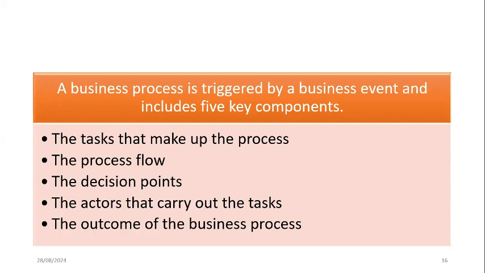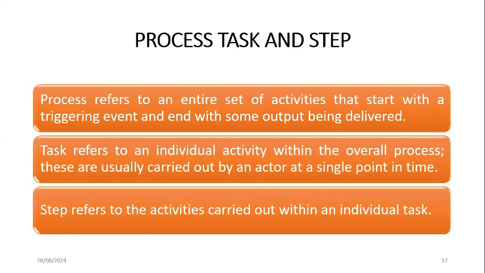Using your bank as an example, you are an actor, whether you like it or not, because you are carrying out some specific task on your banking app. You view the statement, you make the payment, whether you like it or not, you are an actor. The outcome, of course, for every process, there is an outcome, an end result to it. So these 5 components must be present in any process modeling that you are putting together.